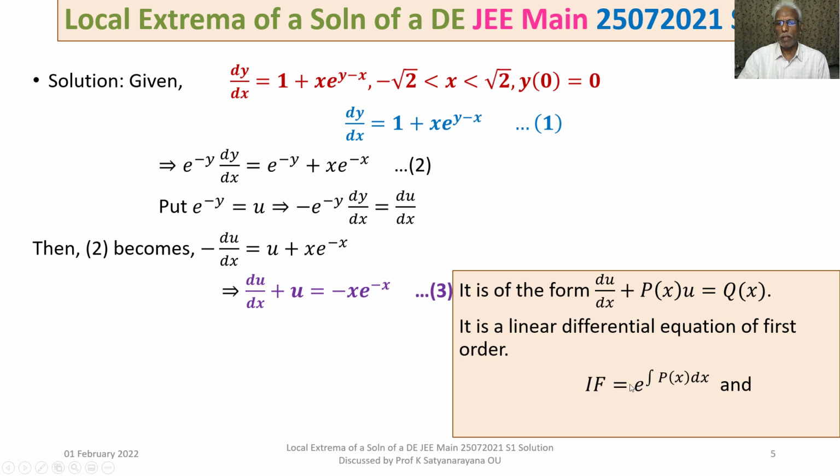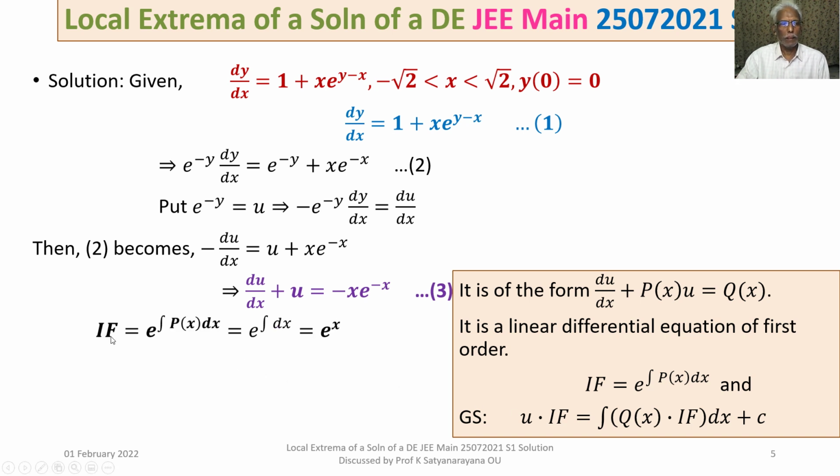The integrating factor is equal to e^(∫p(x)dx), and the general solution is given by u times the integrating factor is equal to the integral of the right hand side q(x) multiplied by the integrating factor, integrated with respect to x, plus c, where c is the constant of integration.